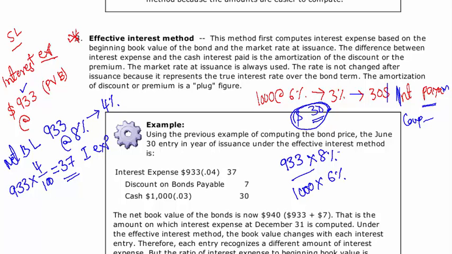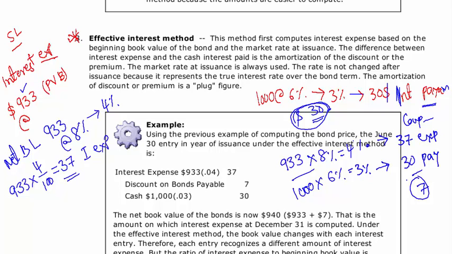So this is 4% per 6 months. You have to pay 37 interest expenses, and you are paying 3%, that is 30. Any doubt? So $7 is what you are saving compared to the market rate.